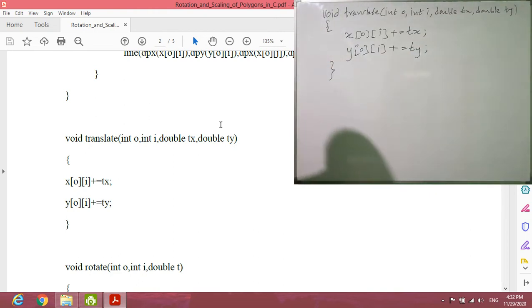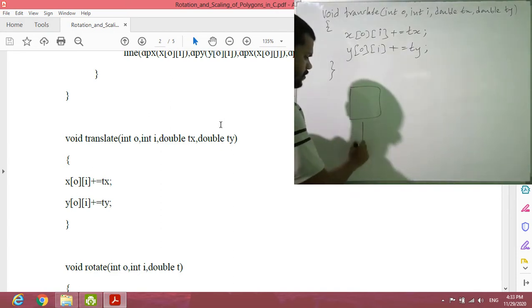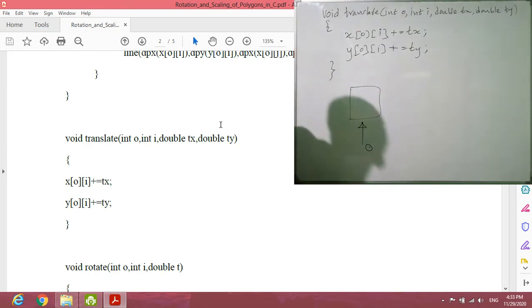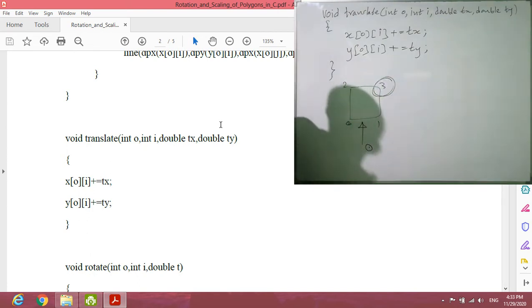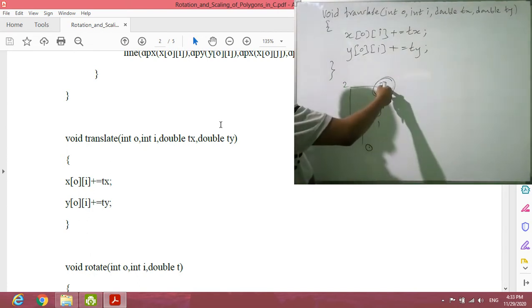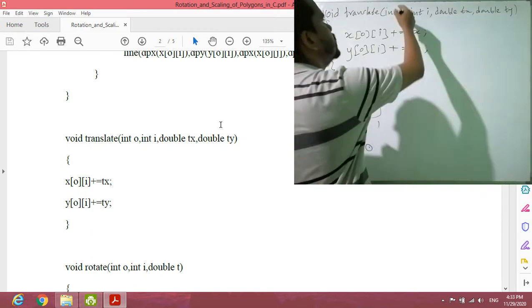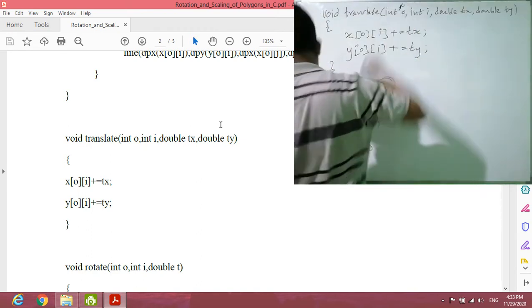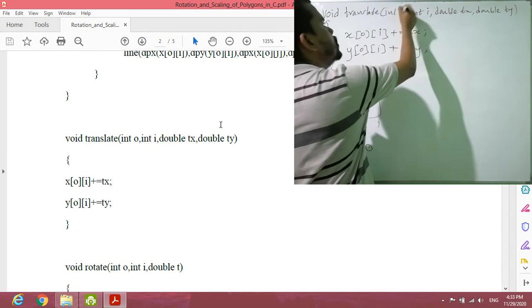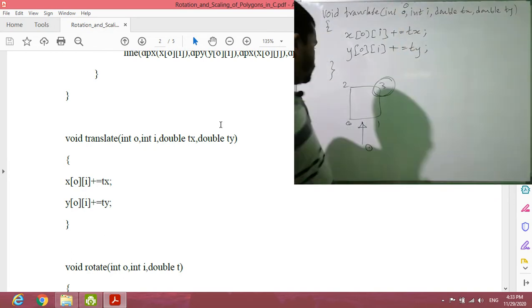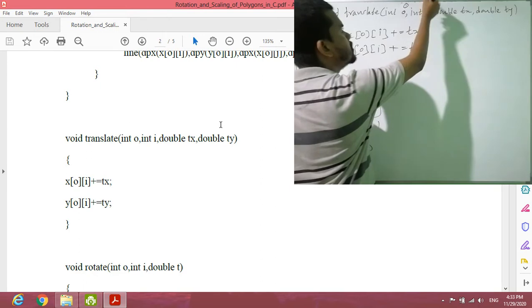The purpose of this particular function is to translate a particular vertex of a polygon. Say it is our square with vertices 0, 1, 2, 3, and let's say the third vertex. Therefore here you put our o value, that is 0, and i means 3.